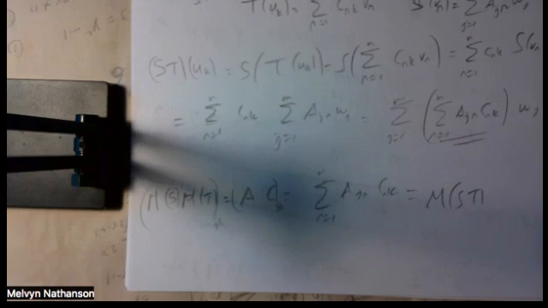Now, if you can work through at home and understand the details of the proof, that's very good, but the important takeaway from this is the fact that the matrix for the composition of two linear maps is the product of the matrices for the maps. That is the fundamental fact about matrix multiplication and linear maps.